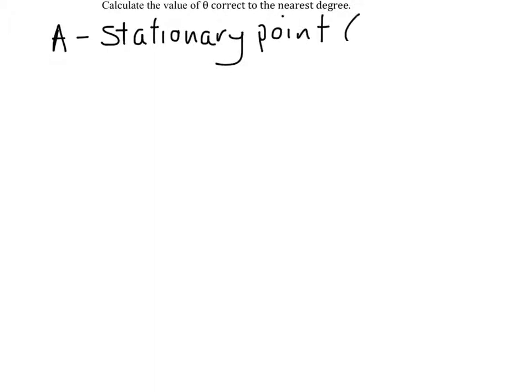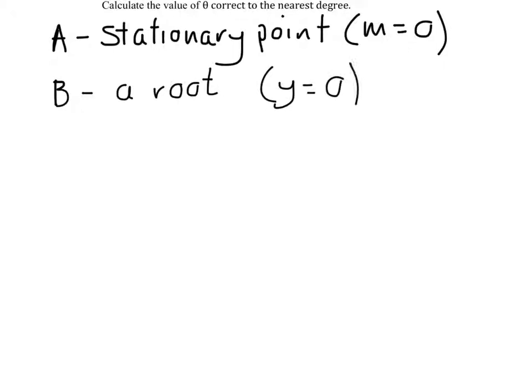So A is a stationary point, which means it has a gradient m equals 0, and B is a root, which means we know that y equals 0 at this point. We'll take each of the points in turn. We'll go with point A first of all.